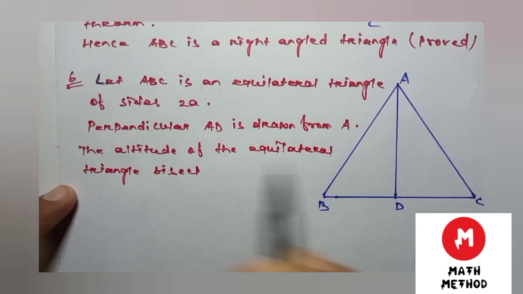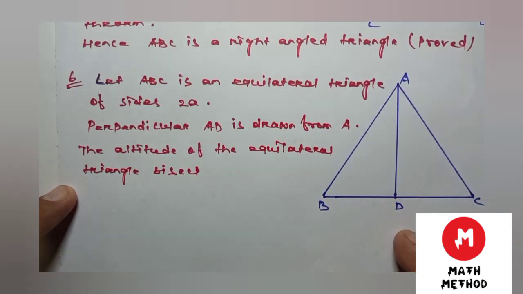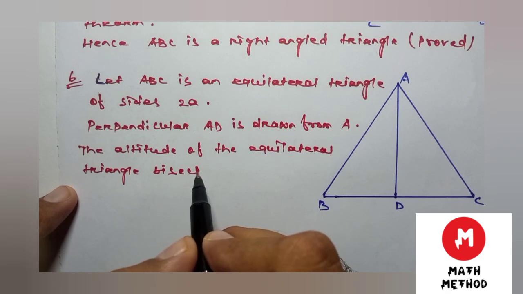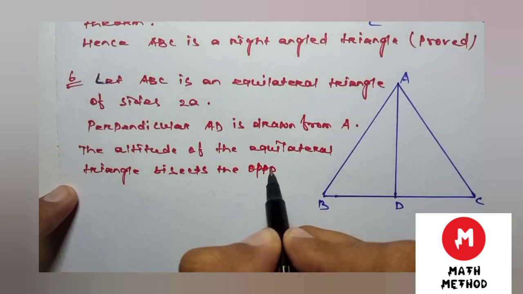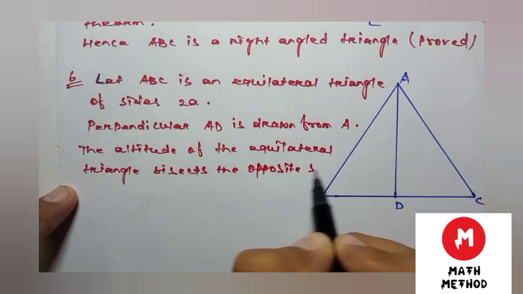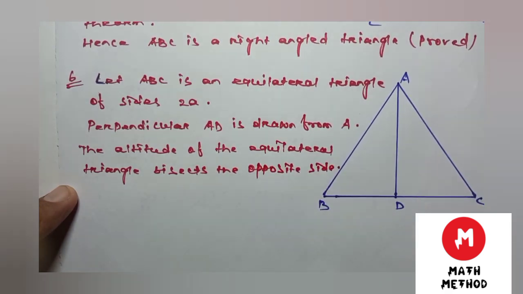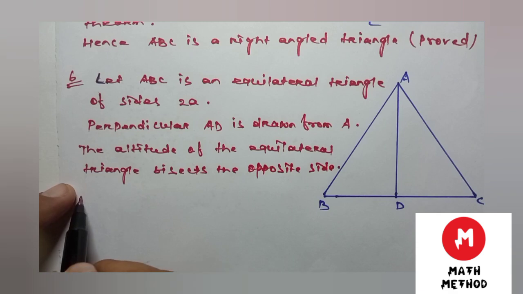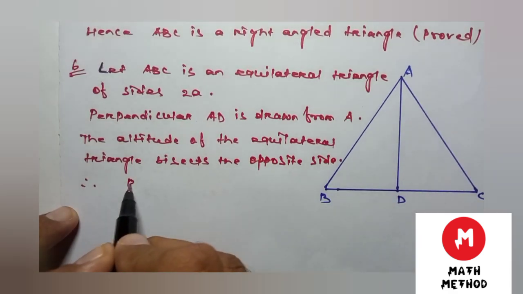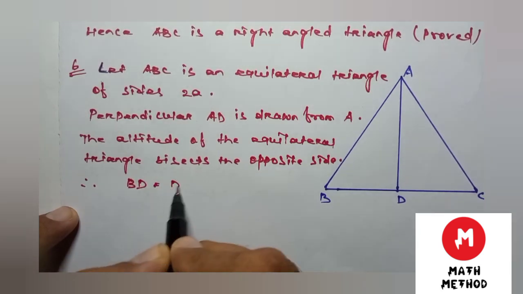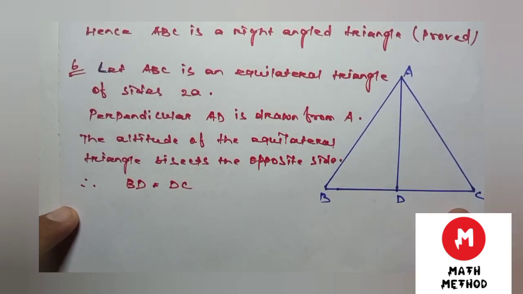Bisect means it divides the side into two equal parts. Clear? So in this question BD is equal to DC.